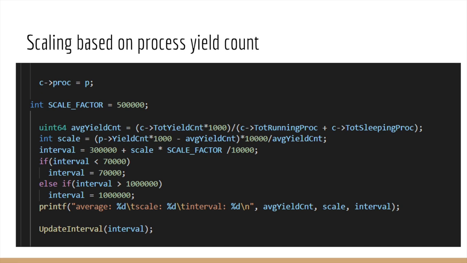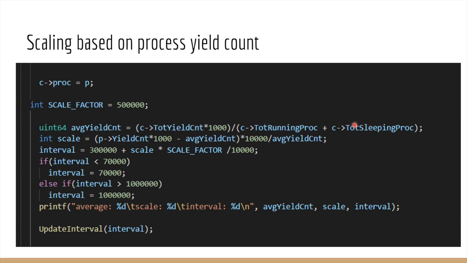So the second strategy we employed was to determine the interval based on the relative yield count of a process to that of the average yield count, rather than merely utilizing a three-tier interval setting. To determine the average yield count, first we sum up the yield count of the processes in the CPU and divide it by the total number of processes.